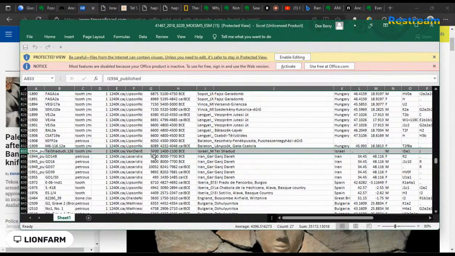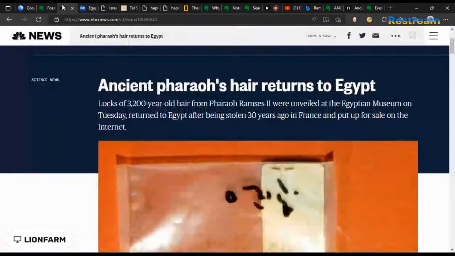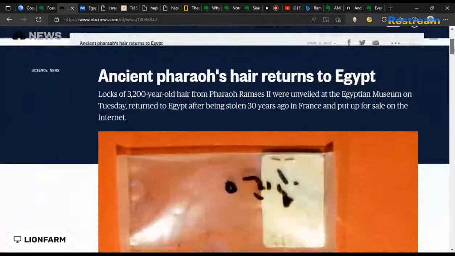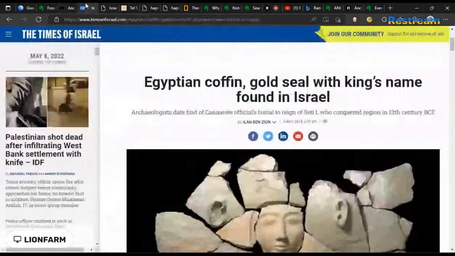That's about 3,200 years ago. Isn't that about this same time frame, about 3,200 years ago, with his hair? You see what's going on there?